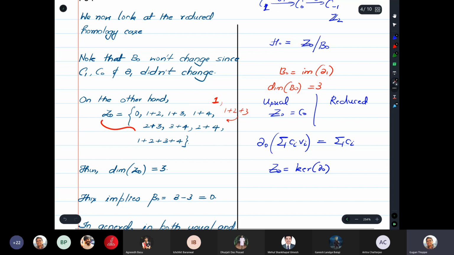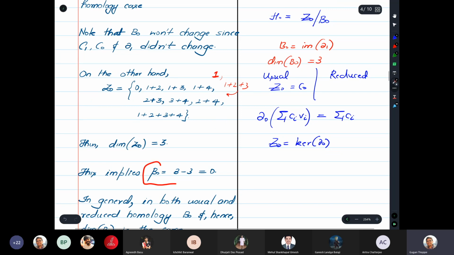In fact, this has a lesser number of elements. This is a vector space which has 8 elements, and it has a basis made up of 3 elements, which are 1 plus 2, 1 plus 3, and 1 plus 4. From this one can conclude that the dimension of Z0 is 3.